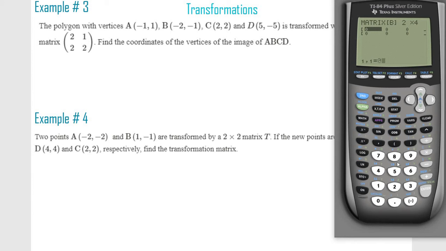The first one, we have -1 and 1. Then -2, -1, using the arrows, so it's easier. And then 2, 2. Oh, I guess I have to enter.